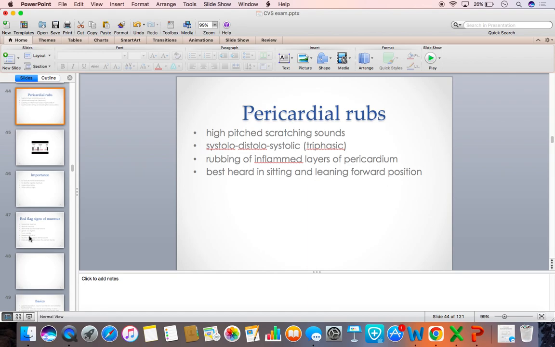And to talk about the pericardial rubs, they are high-pitched, scratching sounds, systolic, diastolic, and systolic, that is triphasic, resulting from the rubbing of the inflamed layers of the pericardium. Best heard with the patient sitting and leaning forward.